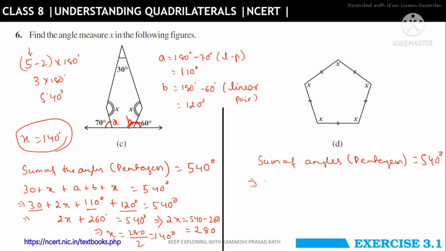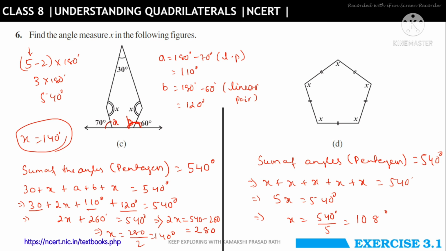So x plus x plus x, we can write it like this, equals 540, or else directly we can write 5x equals 540. x will be equal to 540 by 5. So 5 ones are 5 and 500. So we get x equals 108 degrees.